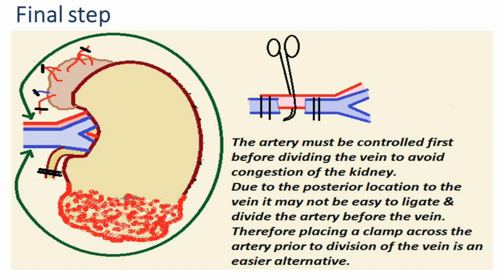The artery must be controlled first before dividing the vein to avoid congestion of the kidney. Due to the posterior location to the vein, it may not be easy to ligate and divide the artery before the vein. Therefore, placing a clamp across the artery prior to division of the vein is an easier alternative.